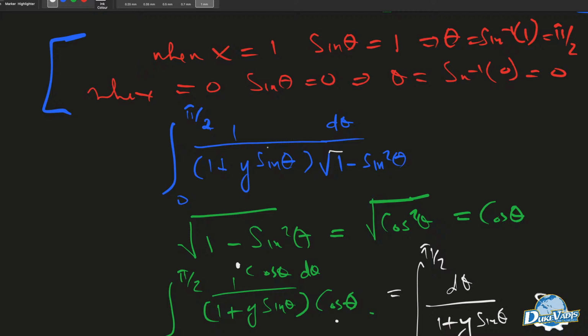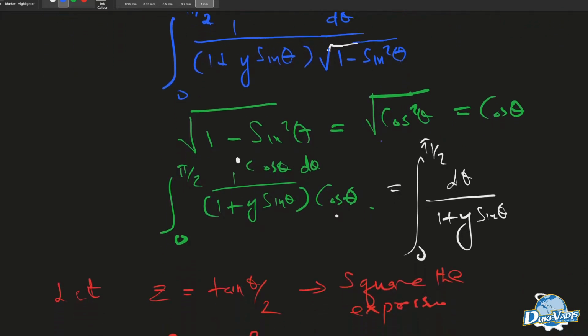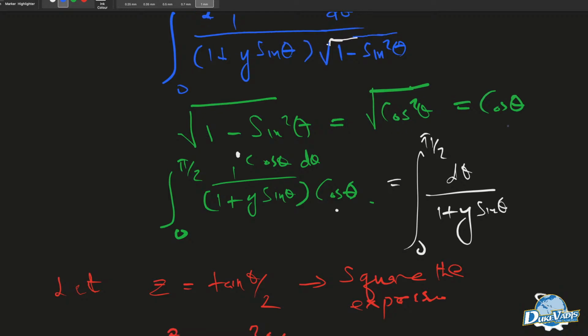Okay, then we know that as we said x to be equal to sine theta, we have 1 plus y sine theta. Then here we know for sure that when we put in the x over here, we have our 1 minus sine squared theta, which is cos squared theta.